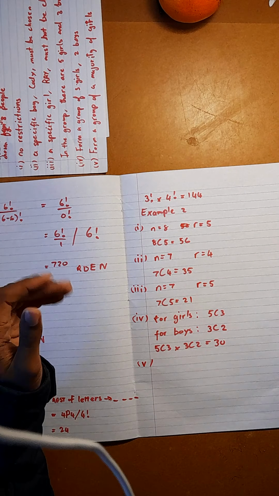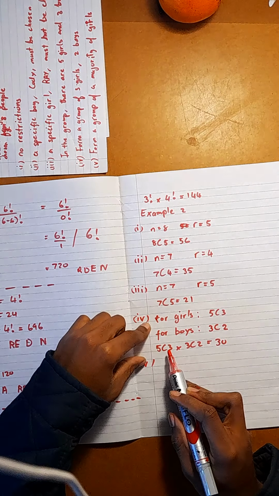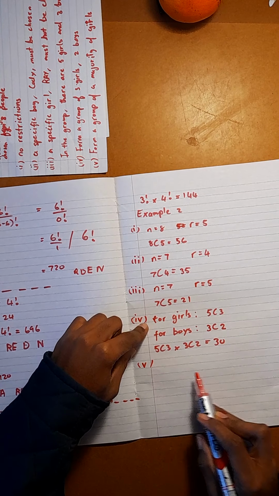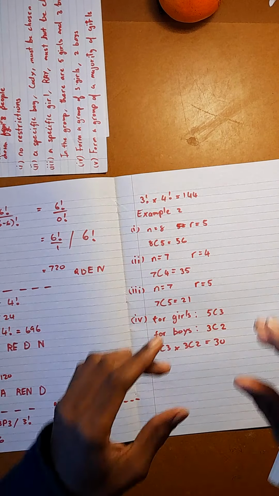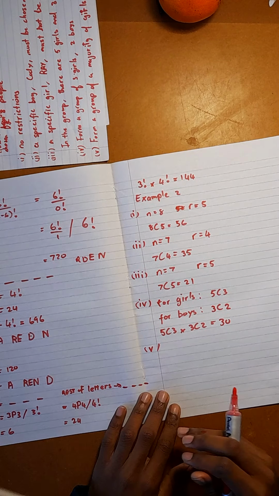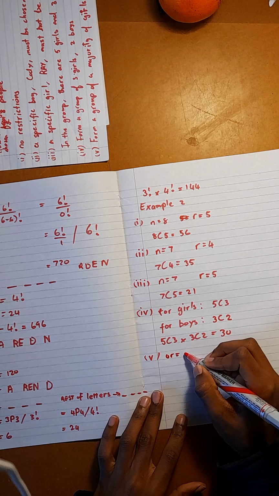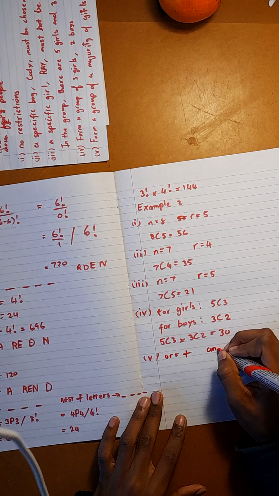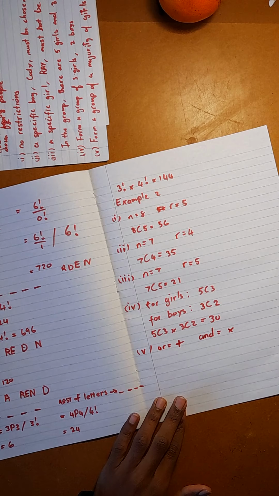If we have statements like and, we are going to be multiplying, like here, we have 3 girls and 2 boys. But with statements like or, we can have this many girls and this many boys, or this many girls and this many boys. Or is going to be a plus. We're going to be adding, and and is going to be a multiplication.